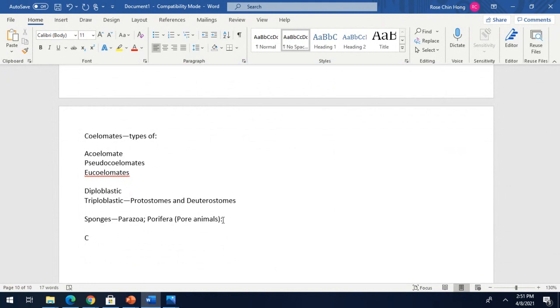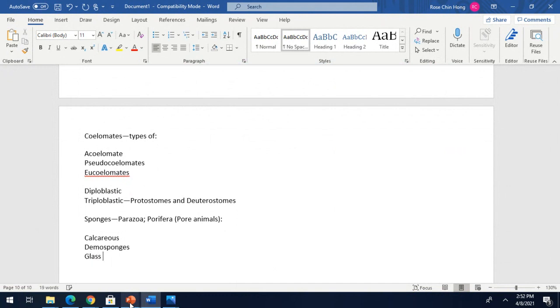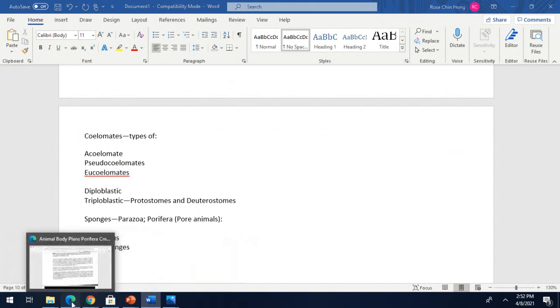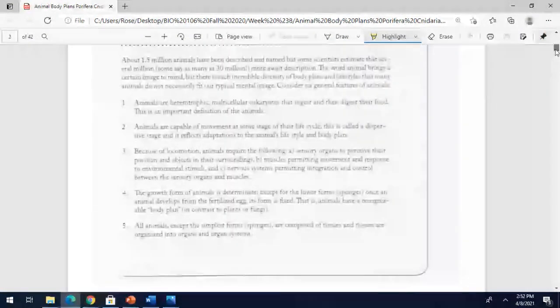Calcareous, most sponges, and glass sponge. Let me see if I have it right, because I may call them different names.